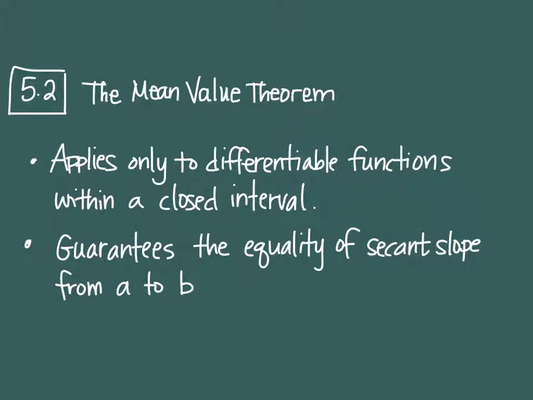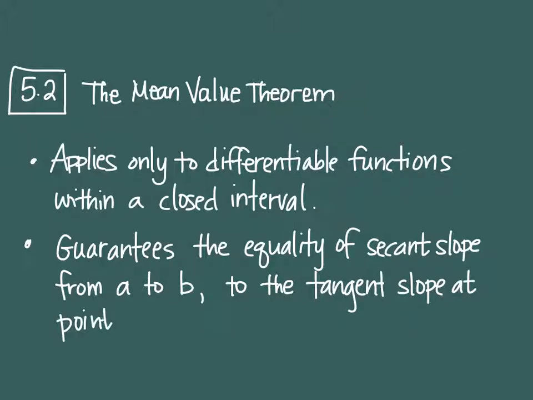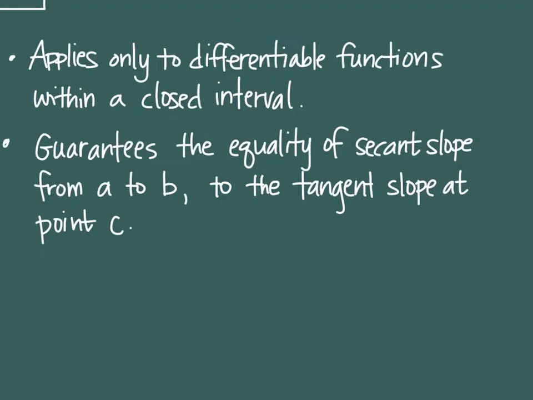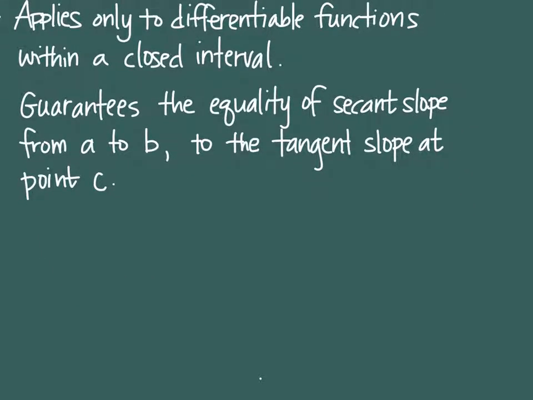Okay, it's the equality of the secant slope from A to B to the tangent slope at point C. In the formula, f of b minus f of a over b minus a is the secant slope.